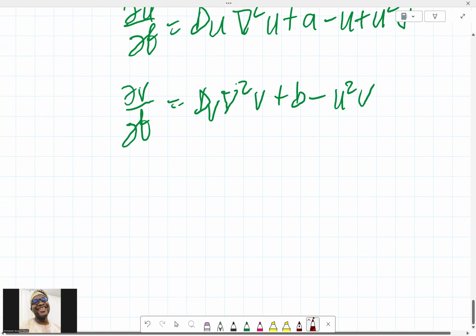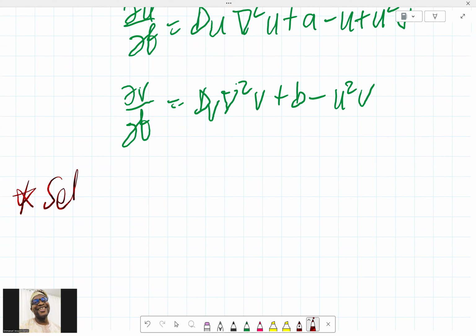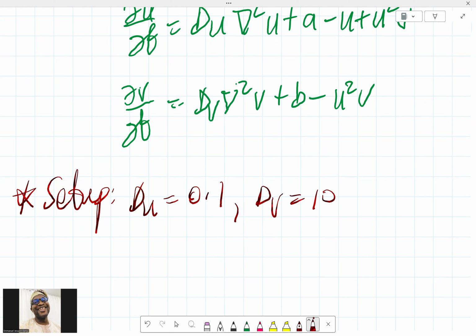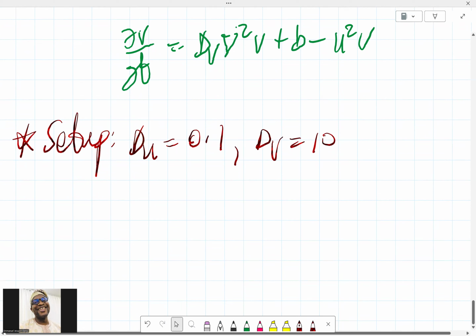If you want to look at the setup, it's more like this. Imagine that du is 0.1 and dv is 10. That means the inhibition is 10 times the activation, so inhibition is faster than activation.